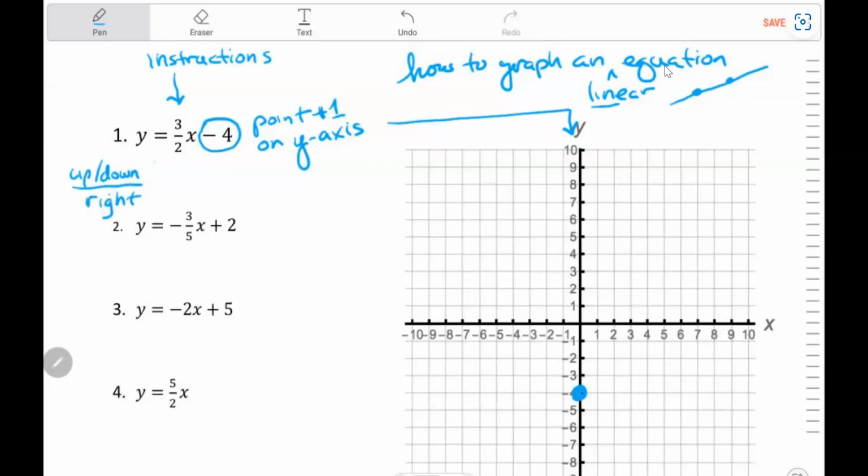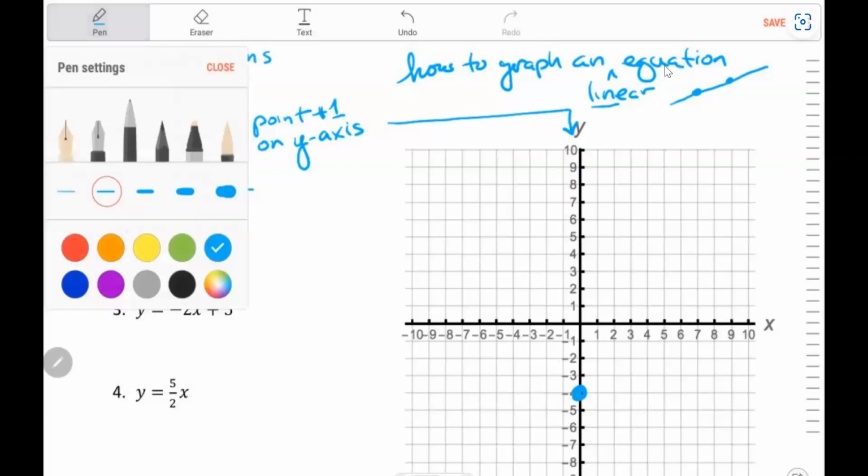All right, so let's look at our instructions here. Our instructions say 3, and there's a hidden positive sign there, so we're going to call that a +3. So that means we go up, and then we go 2 to the right. That seems pretty easy. I'm going to do this in red.